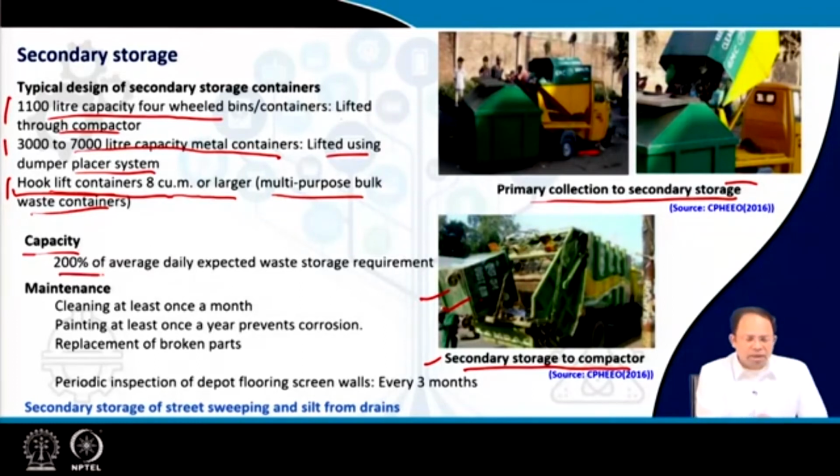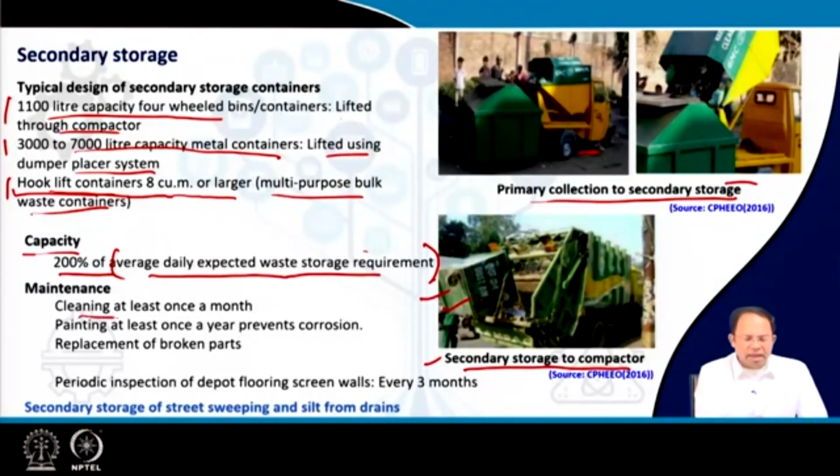So around 200% of average daily expected waste storage is taken as the spare capacity. That means for the normal average daily expected waste storage requirement, we take double of that, and that's the capacity that we design for this kind of secondary storage system.